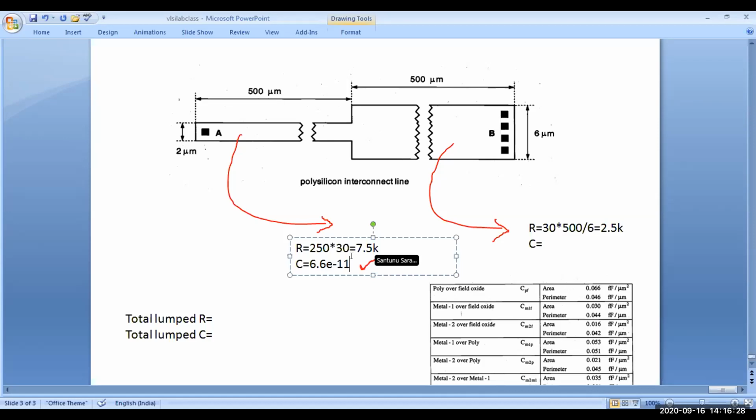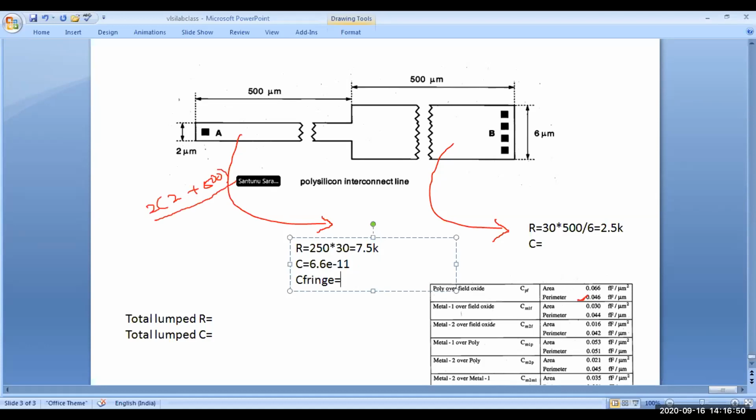I think this is for parallel. Okay, parallel. You have to calculate fringing also. For fringing, you have to use this value. Perimeter, yes. 2 into 2 micro plus 500 micro, that is your perimeter.